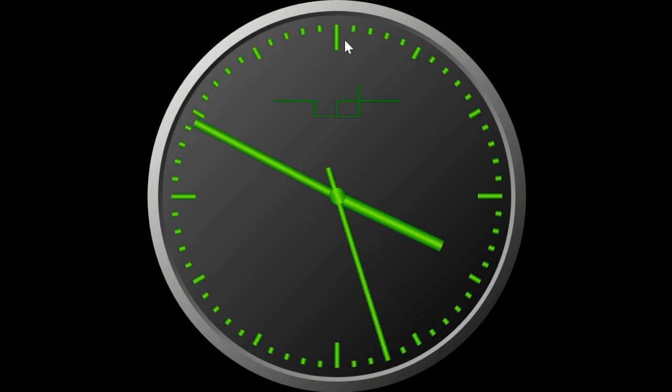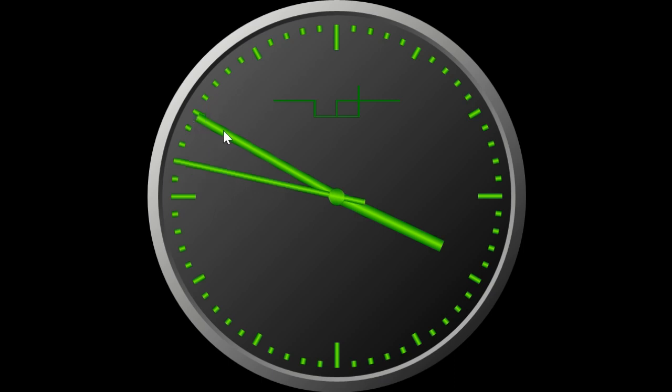Each one of these lines shows 1 second or 1 minute, depending on which hand I'm looking at. If I look at the seconds hand, this is 1 second.